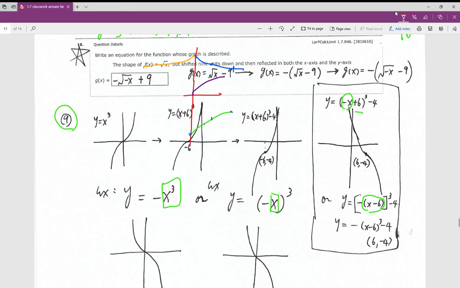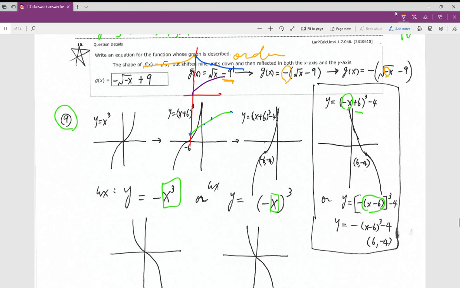So when you go down, you need to minus 9. And then for the whole thing, you need to know the order. Which order comes first? Reflect on both x and y. So for the y and for the x.